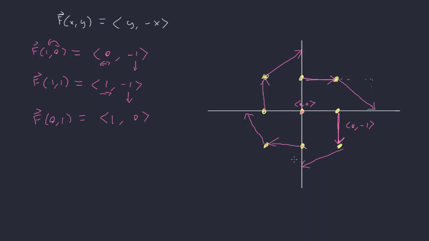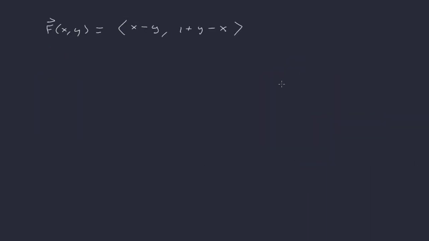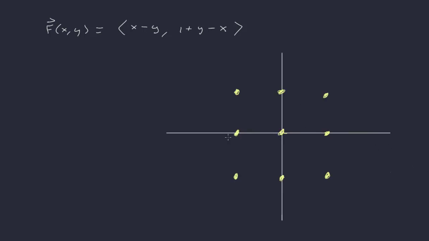All right, let's look at another example. For this vector field, we'll take a look at capital F of xy equals the vector x minus y, comma 1 plus y minus x. All right, so let's take a look at what we got here.